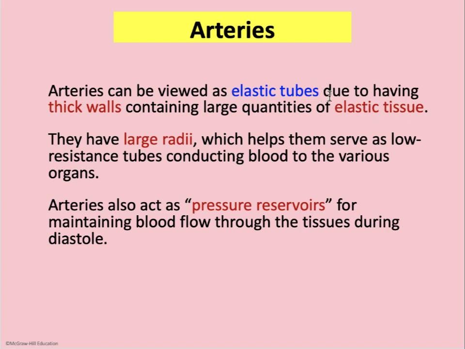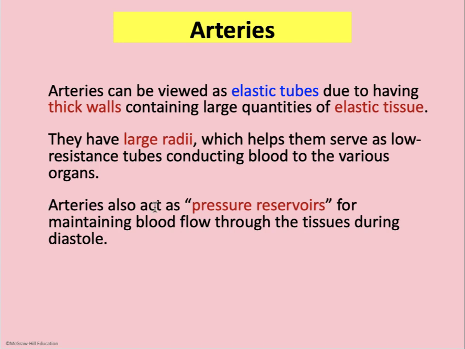These elastic tubes allow the artery to recoil once it's stretched by the blood pressure from systole. In addition, on average, the arteries have the largest diameter of all the blood vessels, and this helps them to serve as low resistance tubes for the flow of blood from the heart to the organs.